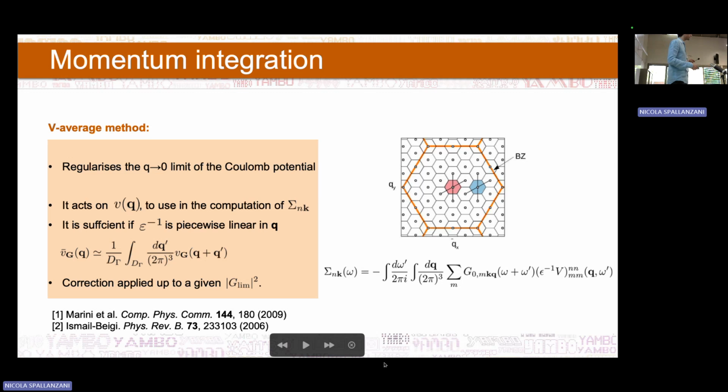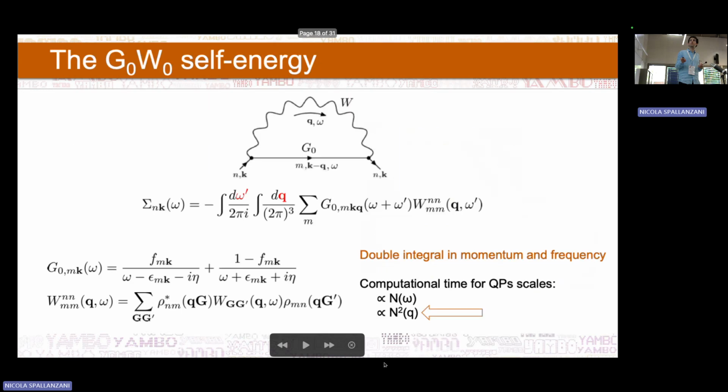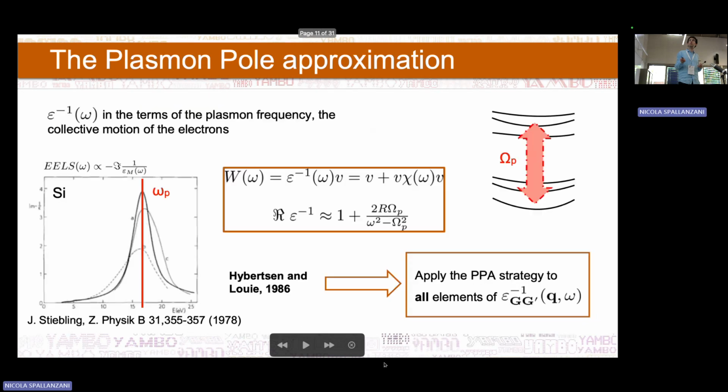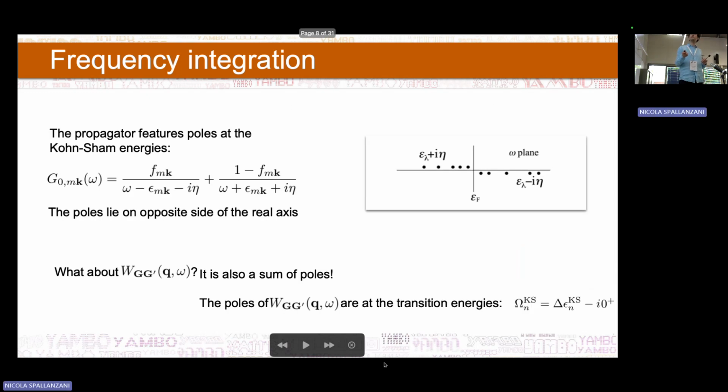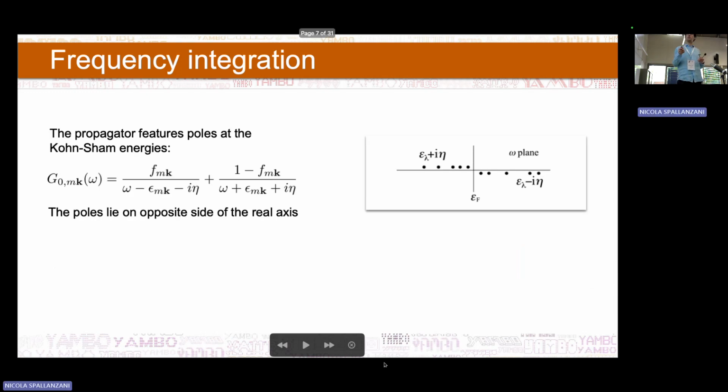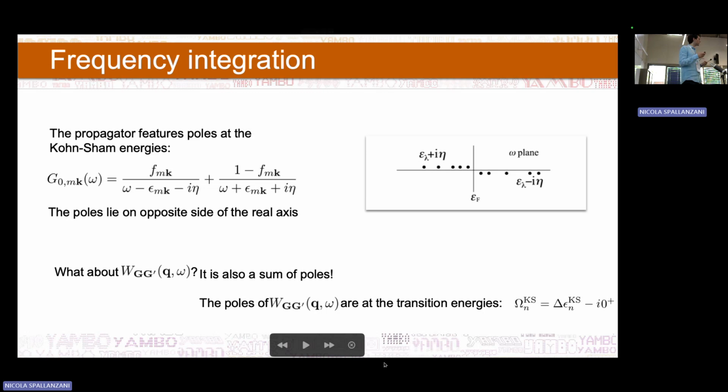Understanding the poles on the slides which refer to frequency integration. Could you please go back to that? Do you mean the plasmon pole? The slide on frequency integration. Ah, here. Yes. But yes, I understand that you are calculating the poles.